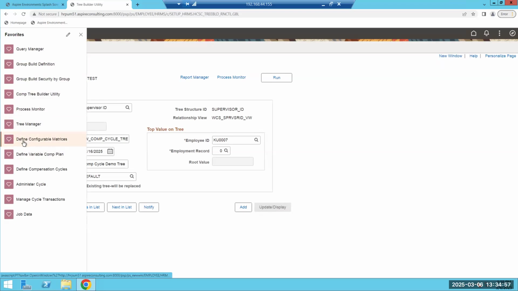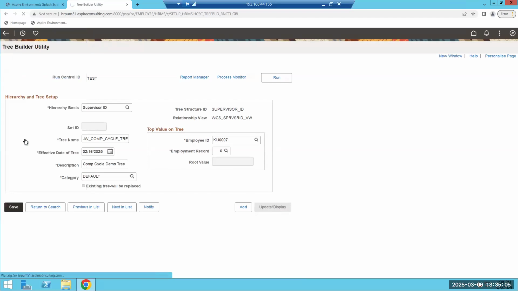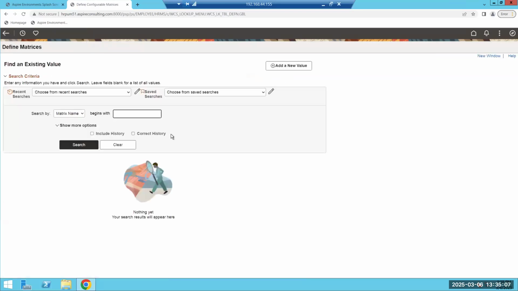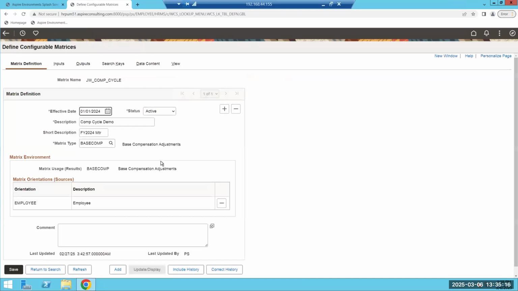And so we're going to jump now to defining configurable matrices and take a look at that. In defining a configurable matrix, there's a couple of things you need to be aware of.